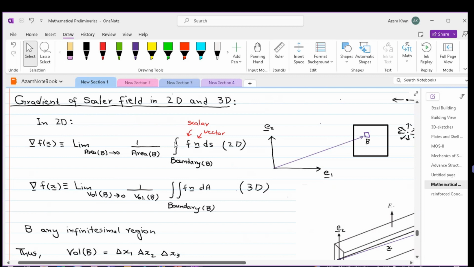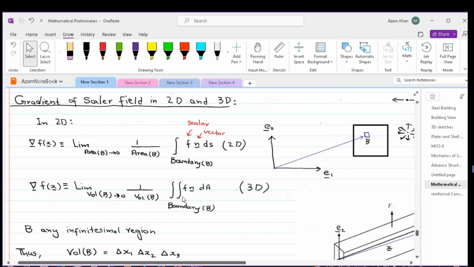Now, this boundary corresponds to this whole area, so we need to divide that by the area of B, as we did previously, where we divided the whole function by the step size delta x, and then we make this area tend to 0.